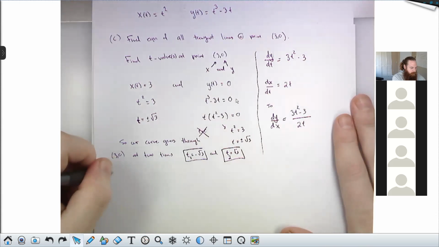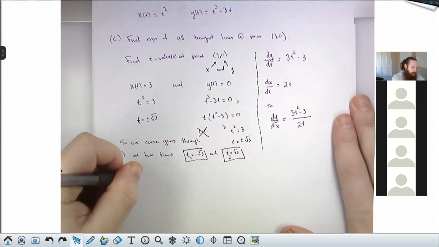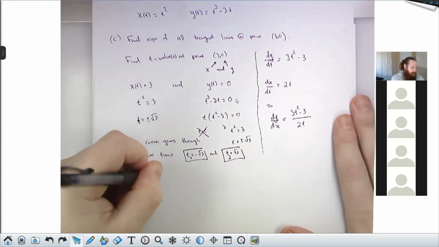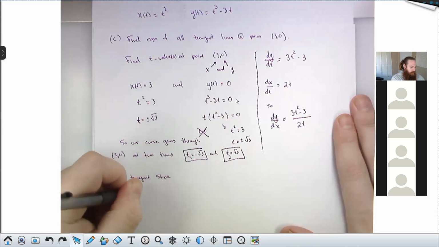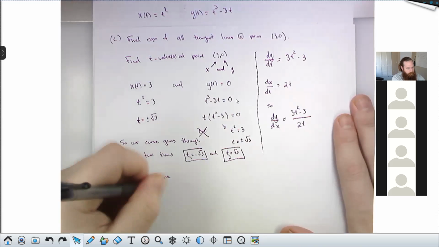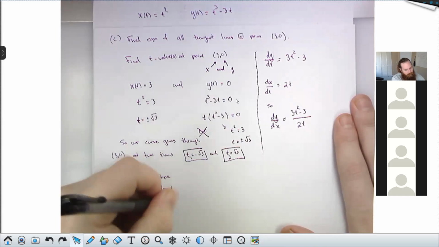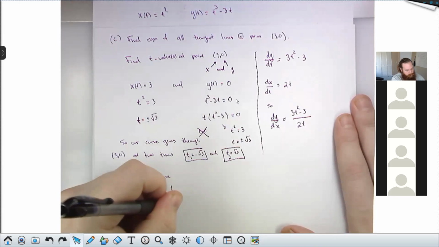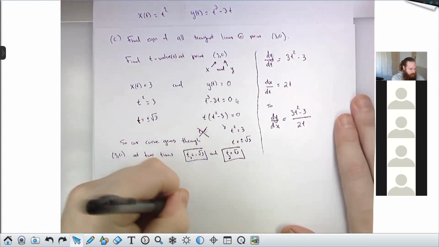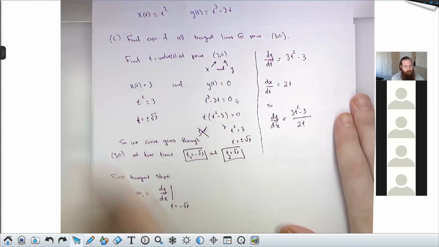So my first slope, I'll call it m1, is dy/dx evaluated at t equals t1, which is negative square root of 3.